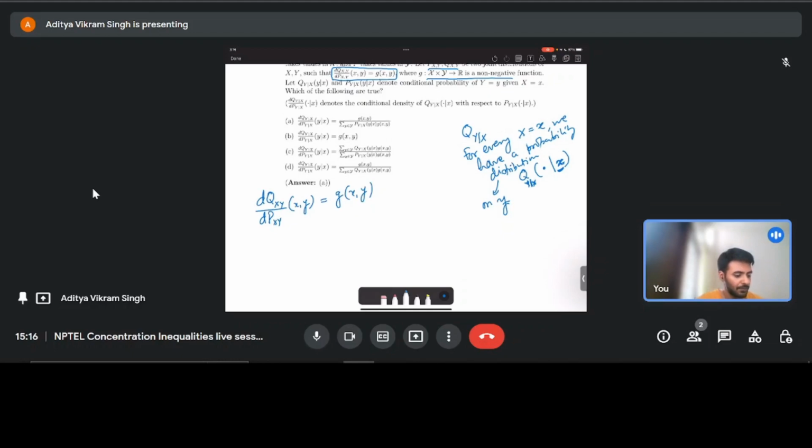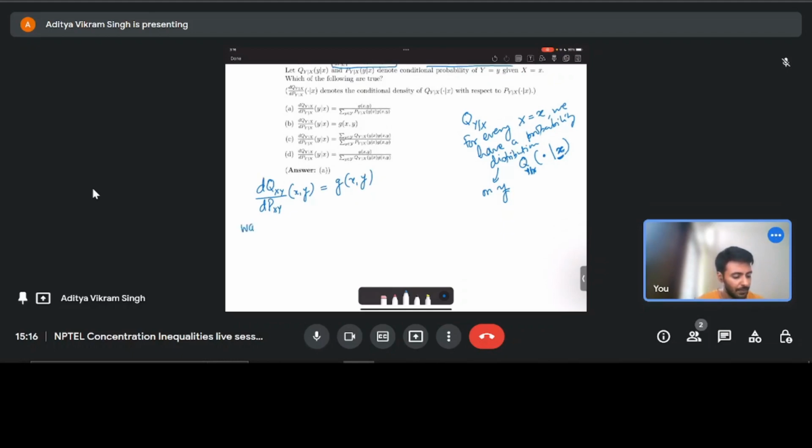And then we want to compute dQ_{Y given X} by dP_{Y given X} at y given the small x. Once you fix small x, these become probability distributions on the set script Y where y belongs. And then for a fixed y, what is the value of this derivative?